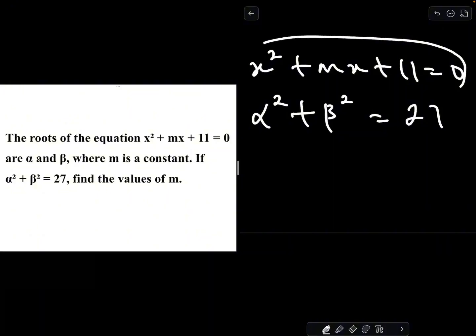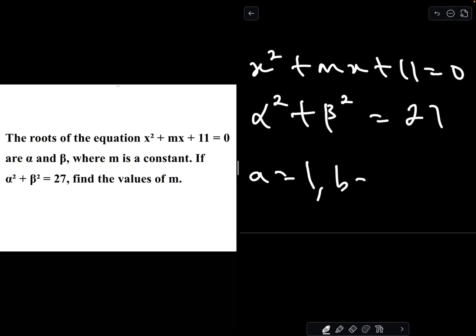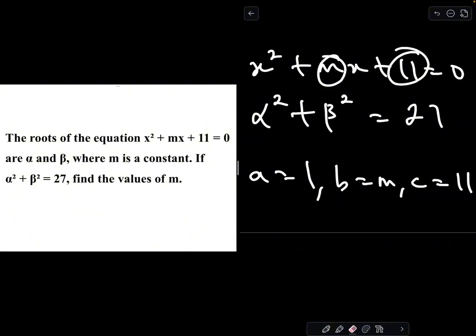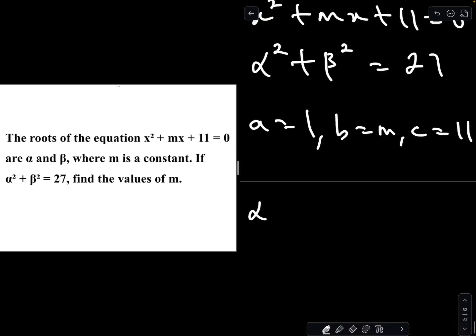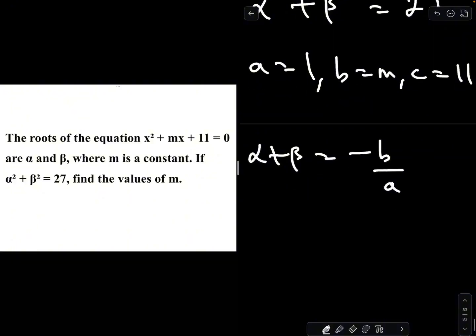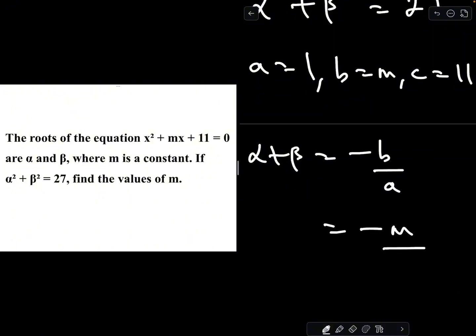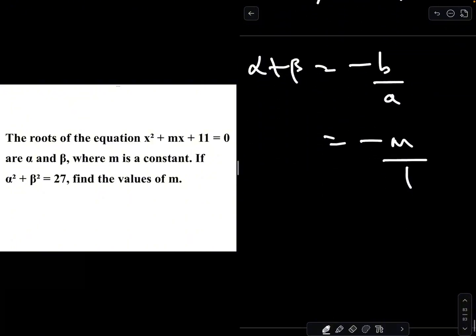First of all, from the given equation, x squared plus mx plus 11 equals 0, a is the coefficient of x squared, and that's 1. B is the coefficient of x, which is m, and c is a constant, which is 11. So alpha plus beta is equal to minus b over a, which is minus m over 1.